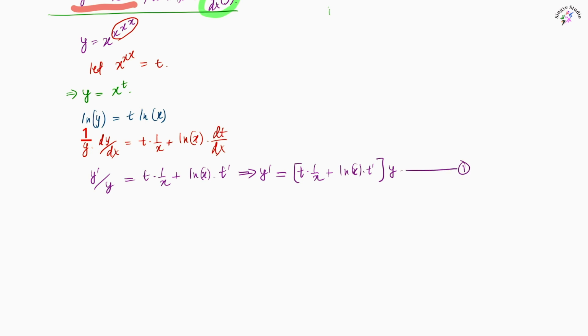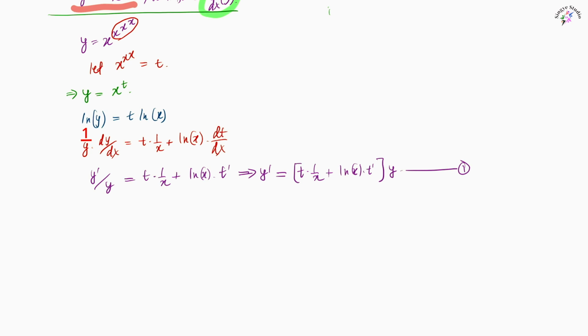So we get y prime over y equals t times 1 over x plus ln x times t prime, which implies that y prime equals t times 1 over x plus ln x times t prime, the whole multiplied by y. This is a very important relation that we will use later.